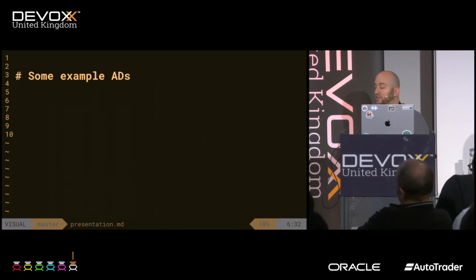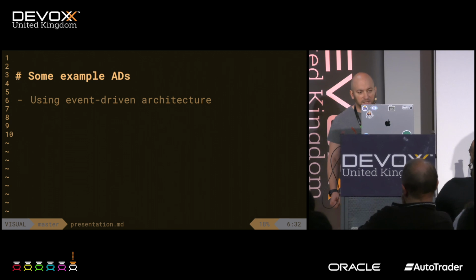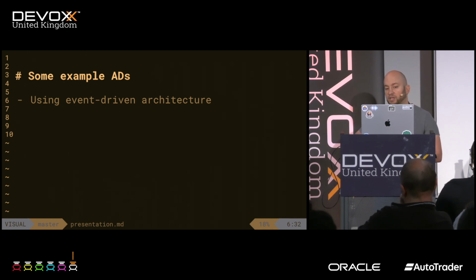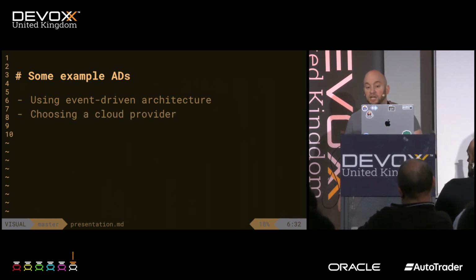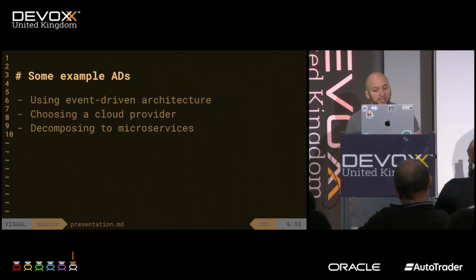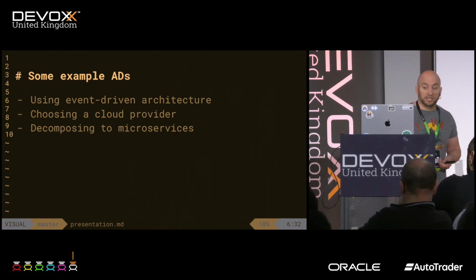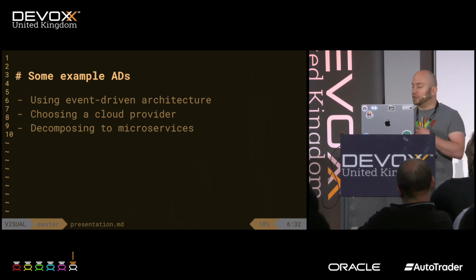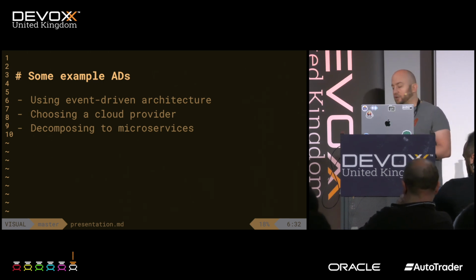Let's see some example decisions which can be considered architecturally significant. Let's say we are about to use event-driven architecture. It's totally different from the request-response way of working, so it's hard to change. Let's choose a cloud provider. Once you are there, you are kind of vendor locked, so it's hard to change. Let's start decomposing to microservices. It sounds exciting, but it requires a lot of effort and moves a bunch of complexity to the infrastructure.